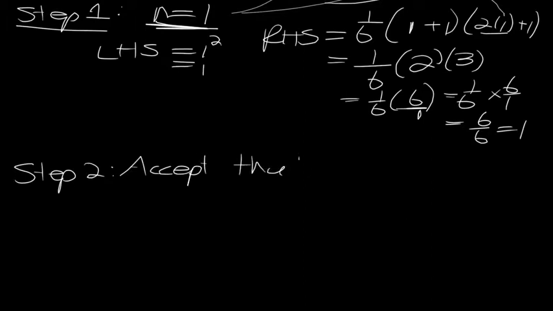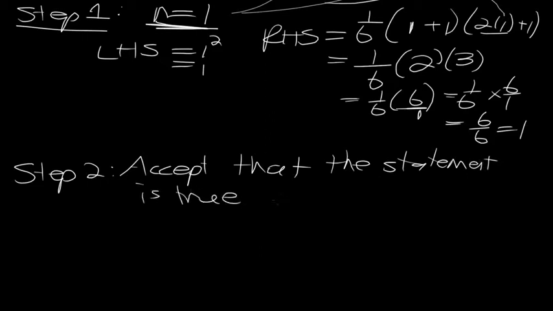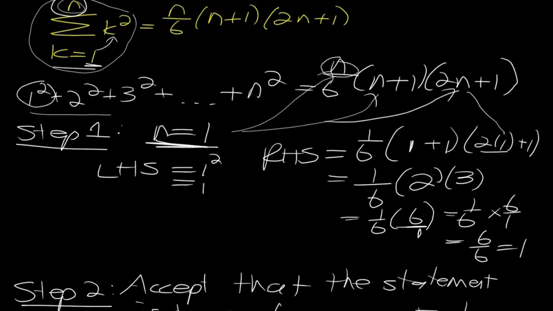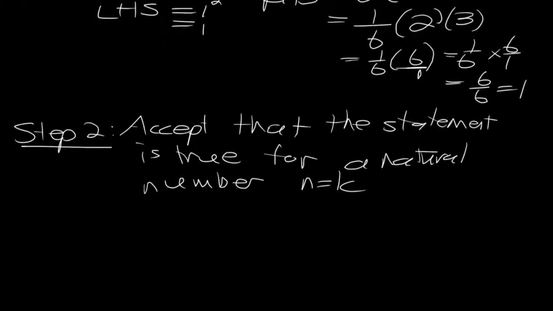Accept that the statement is true for a natural number n equal to k, and all you do is replace k into the original statement. So you replace k into the n here, the n there, the n there, and the n there. That's all you do in this step.